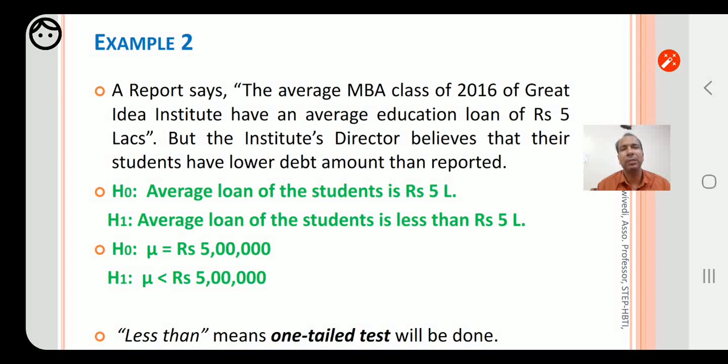The null hypothesis is that the loan amount is 5 lakh, which is as reported, whereas the alternative hypothesis is that the average loan amount is less than rupees 5 lakh, which is the director's claim. This is a less than hypothesis, which again relates to the one tail test.